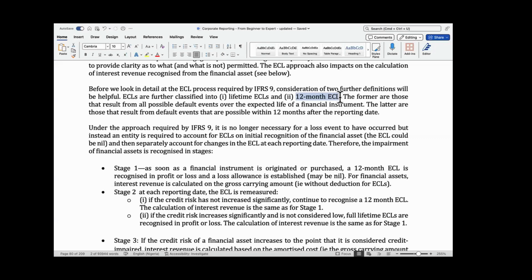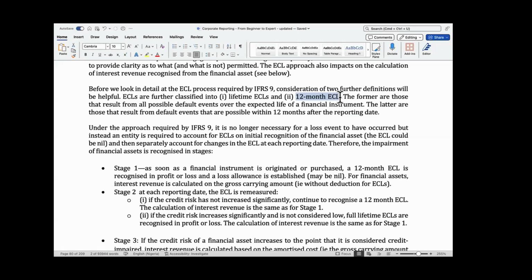Default events from the day you borrow the money, look at possibility of a default event within 12 months. So ECL is either you are making a lifetime ECL or a 12-month ECL.